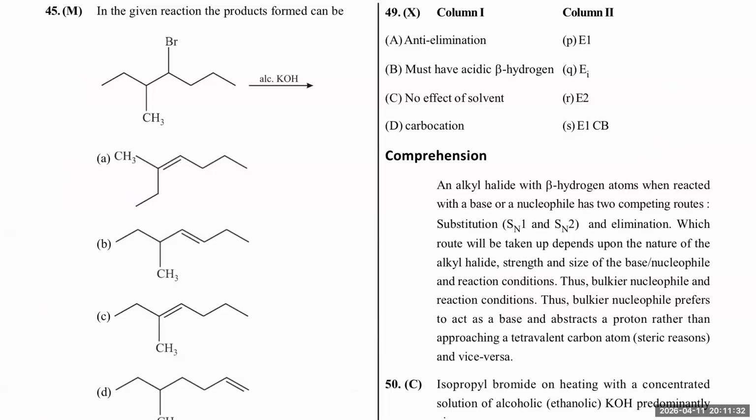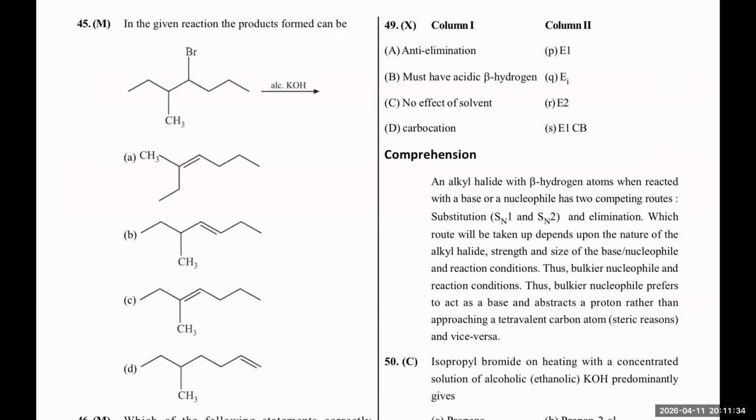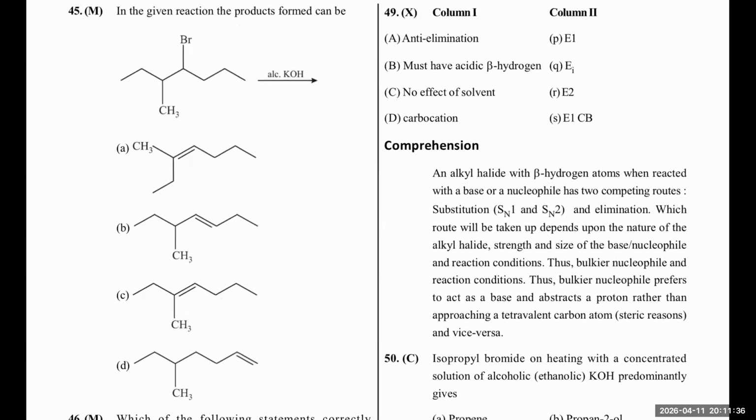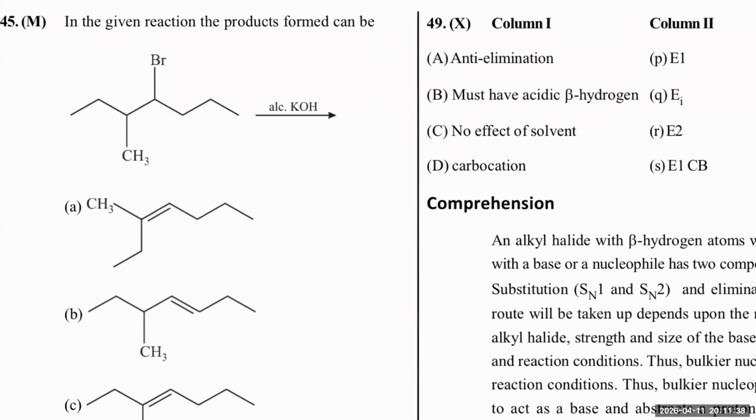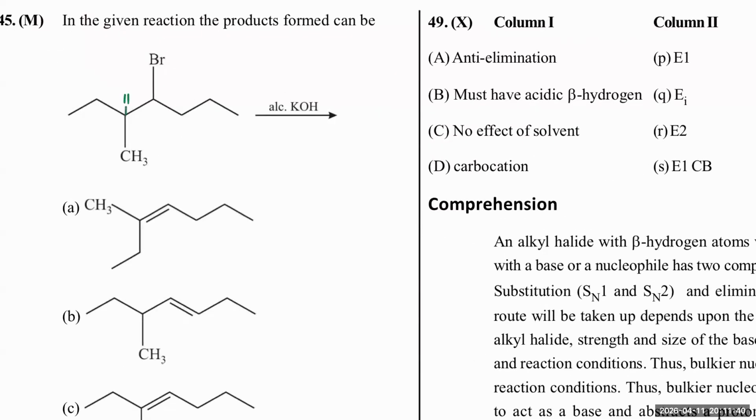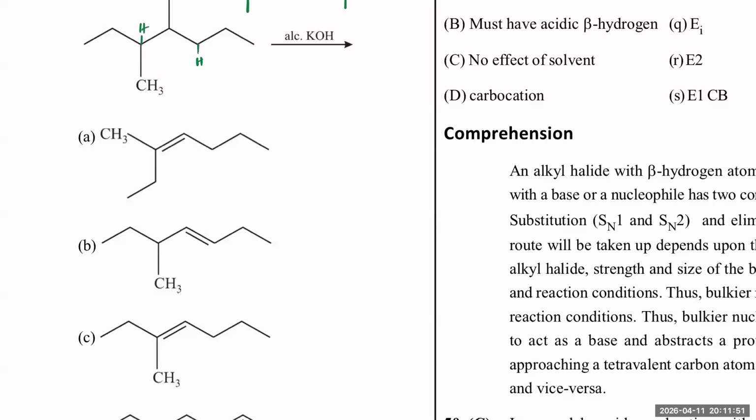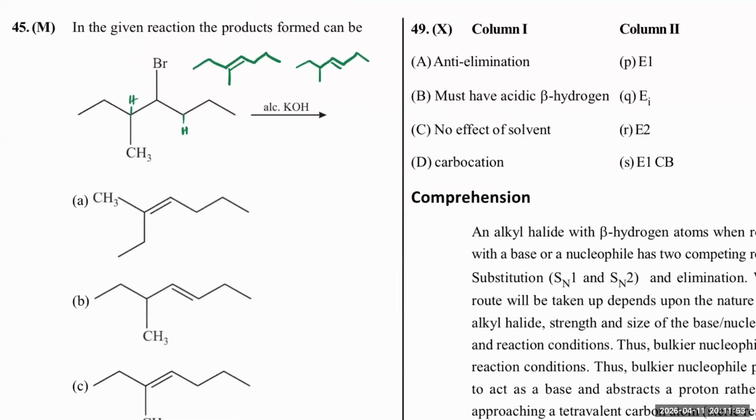Done. 45. Through alcoholic KOH, what are the products that you can get? See, first one, Br removal, hydrogen is here, hydrogen is here. So definitely I will get a product with a double bond here and a product with a double bond here. If the number of products is asked, then this is a chiral center, this is a stereo center, this is a stereo center.